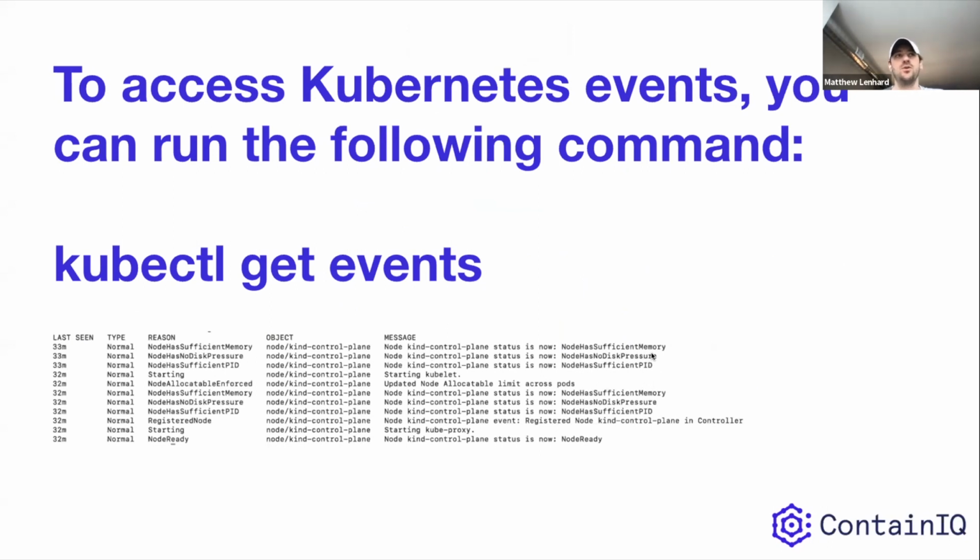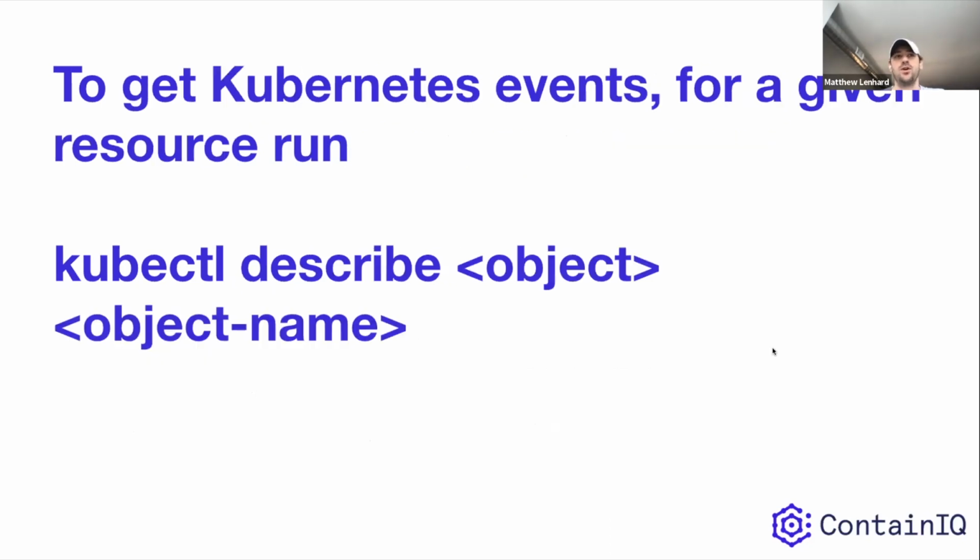In order to get a list of your events, you can just run kubectl get events. It'll list all of them in your cluster. In order to see events specific to a given Kubernetes object, you just run kubectl describe, the object, and then the object name.